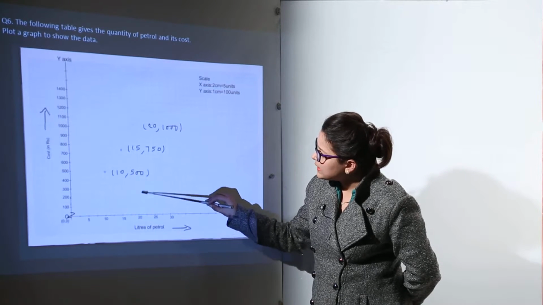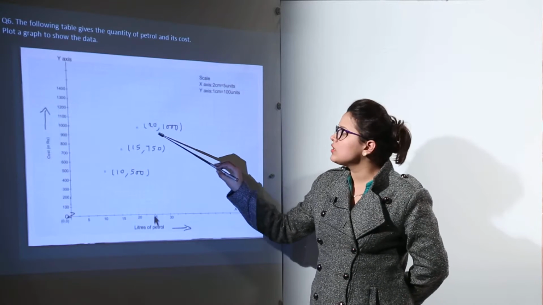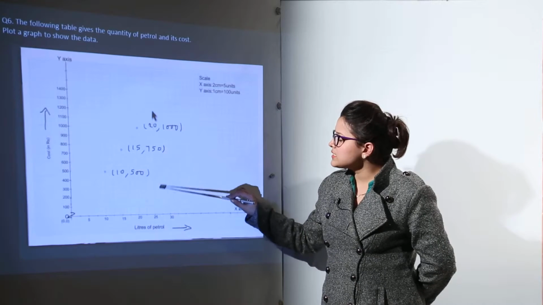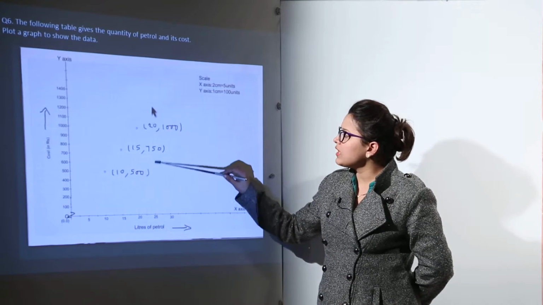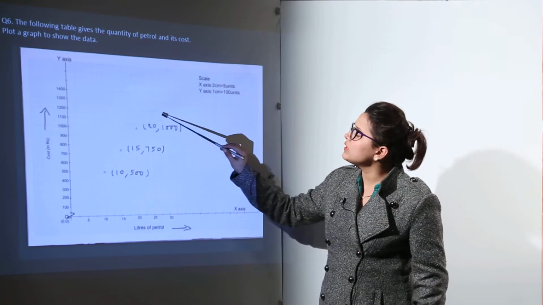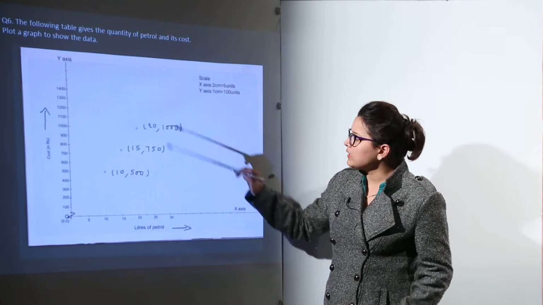Now for 20 liters you have taken the cost to be 1000 rupees as it was given. So this is the third point that you plot, right? Next is 25 liters. For 25 liters the cost was whatever was given, you can plot it according to that over here. That would be 25, that cost.